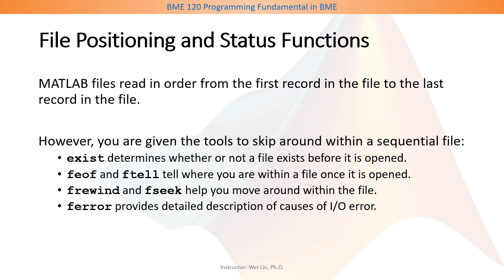Therefore, the next read operation will start from the 11th byte. Similarly, if you are working on a text file, when you're using fgets or fgetl, every read of either function will move the pointer to the next line in the text file.